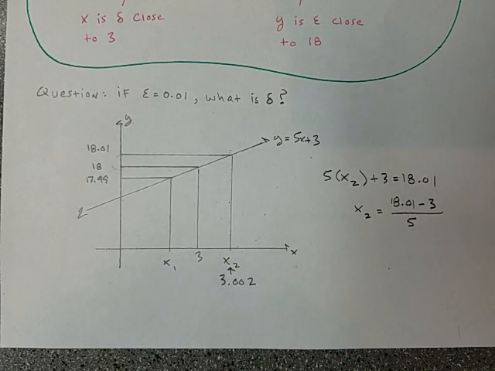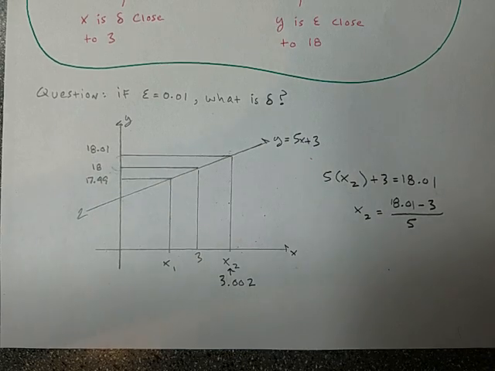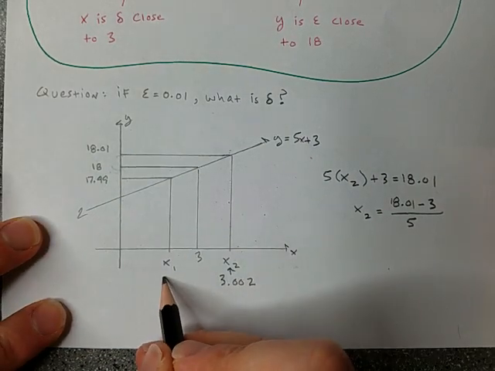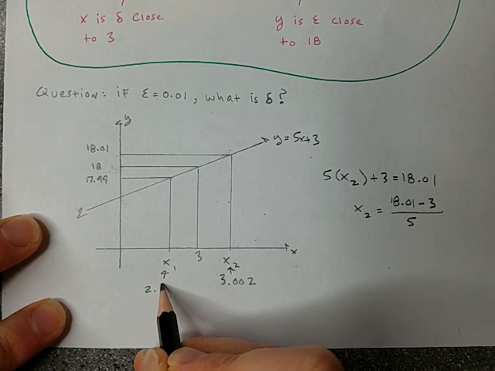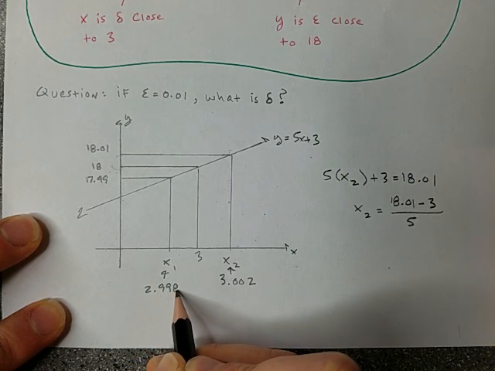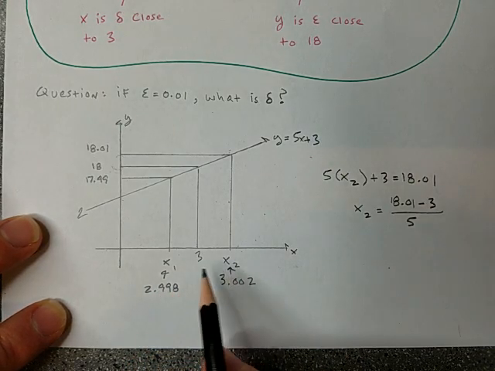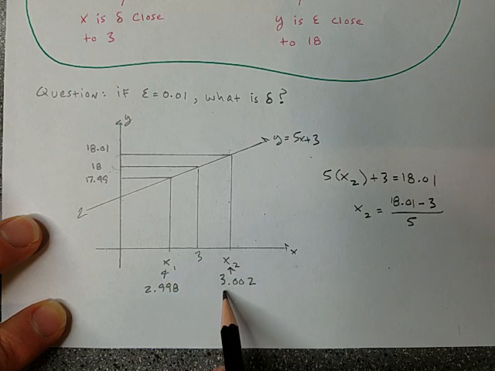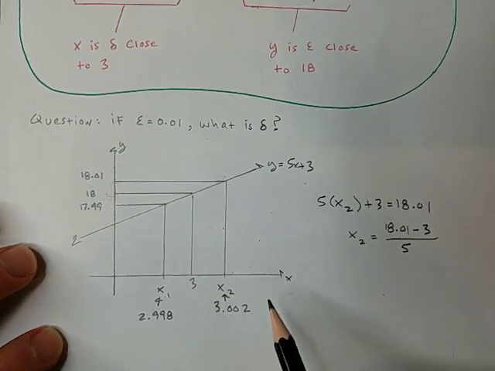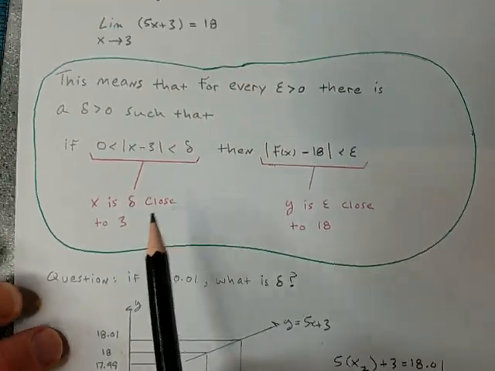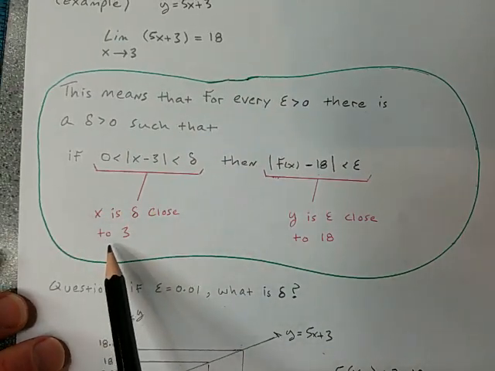On the other side, you could set it up and solve for x1 the same way. And you'll get for that number 2.998. Okay, so each of these is within 0.002 units of 3. So that's our delta. Okay, that's how close we need the x to be to 3.